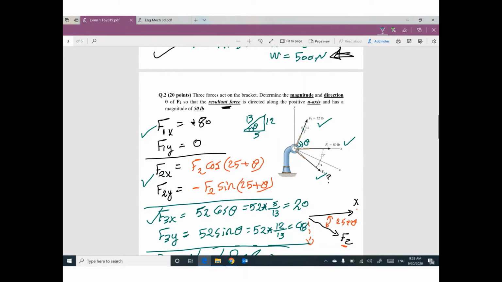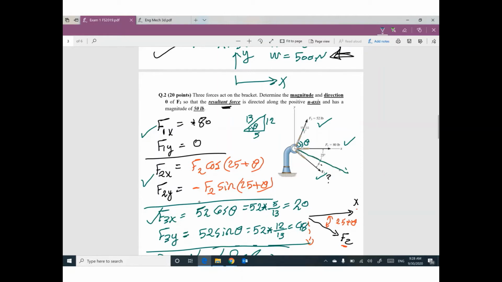We have the U axis here. I don't care about this axis for F2 or F1 or F3. Our concern is X direction and Y direction. But for the resultant force, we have a resultant force here in this direction for U.